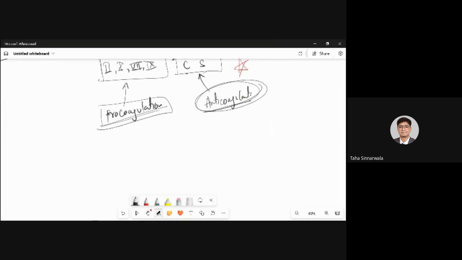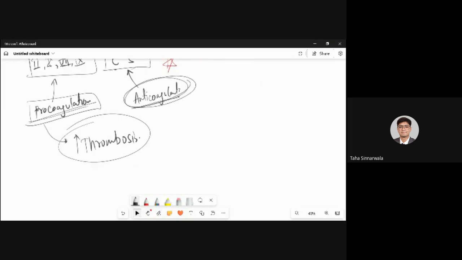So what do you think will happen? You can raise your hand if you want to answer. What do you think will happen when there are only procoagulant factors remaining in the blood? Yes, Muskan. Bleeding time would increase. Yes, so you'll have increased thrombosis.